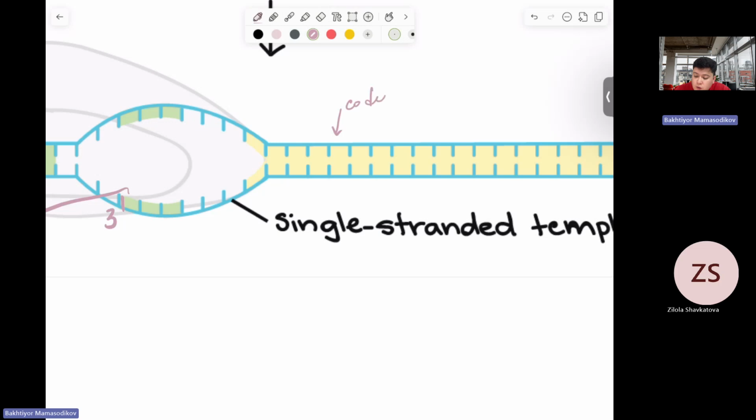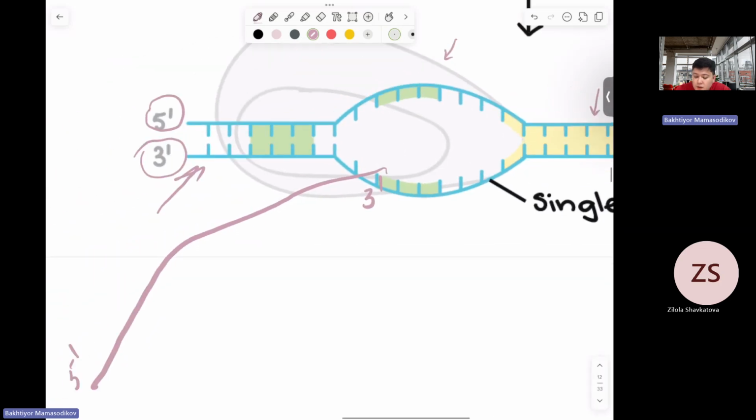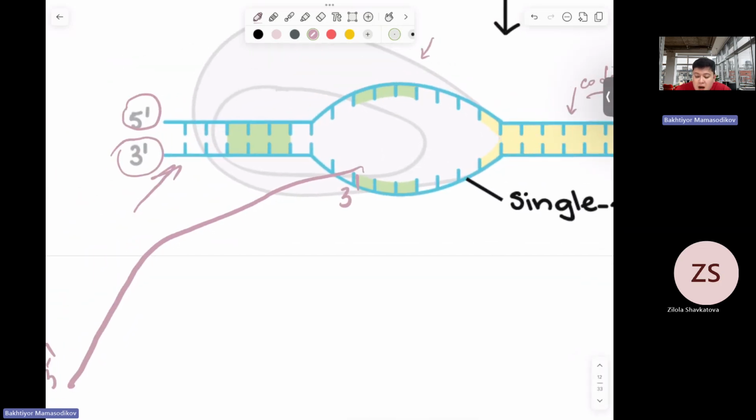This strand is the coding strand. How do I know this is the coding strand? Because here it's written 5', okay? Here this is the RNA polymerase. So here I have 5', that means it's the coding strand, okay? Why? Because RNA polymerase always reads from the 3' to the 5'.